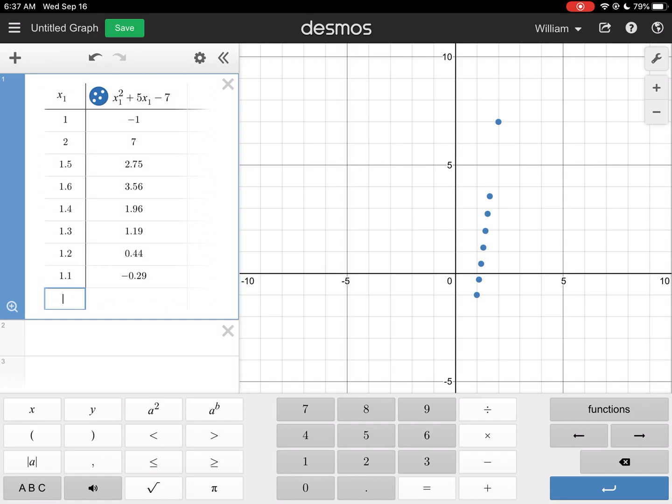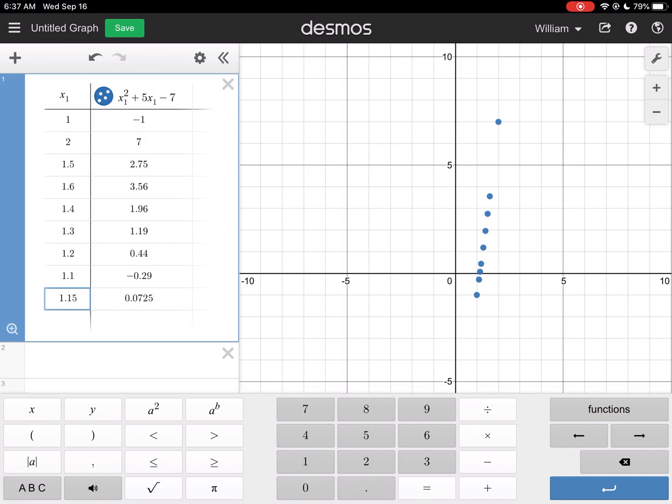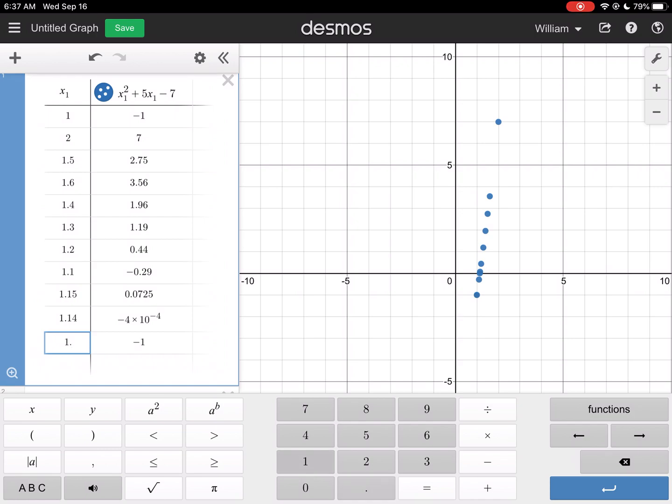So let's go 1.15. That's positive. So let's go backwards. 1.14. That's negative. Barely negative, isn't it? I'm getting really close. So let's go 1.145.